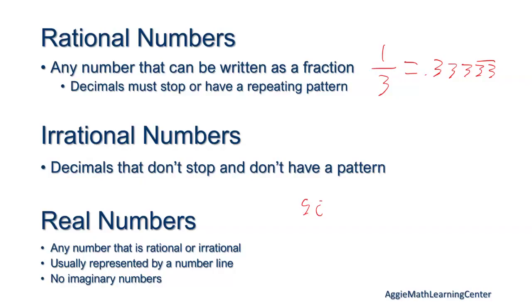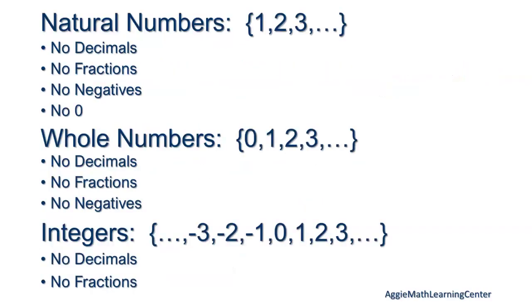So any of these are also rational numbers, except for 0? Actually, 0 is technically a rational number too: 0 over 1.